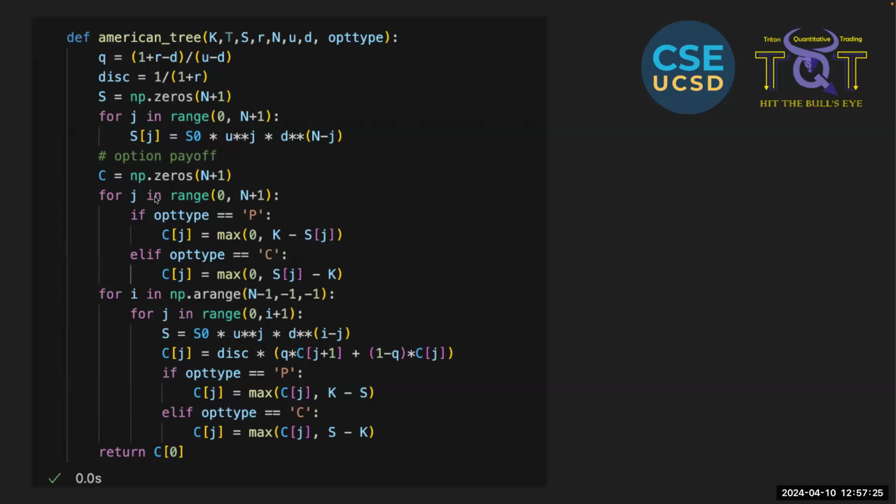And now to create the second tree, again, we initialize an empty array. And again, going in the range of all the 3 nodes, because again, 0, 1, 2. So that means 3. So 2 plus 1 would be 3, because right now we're inputting n plus 2. If the option type is P, which we would put in our function up, then the payoff is the max between 0 and K minus ST. So this is basically what we did in our tree as well.